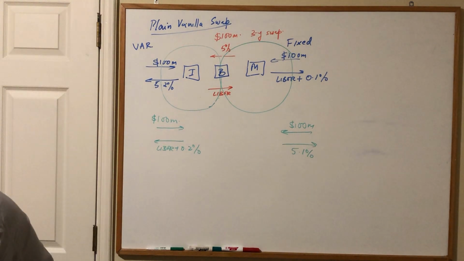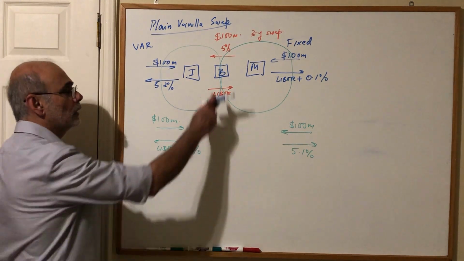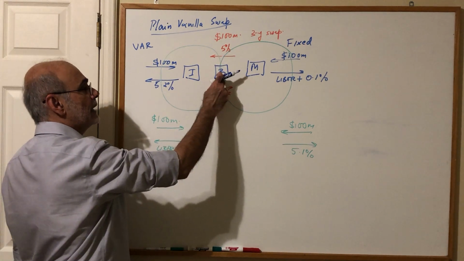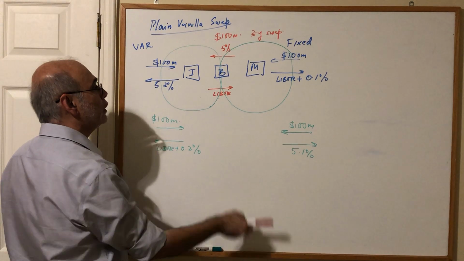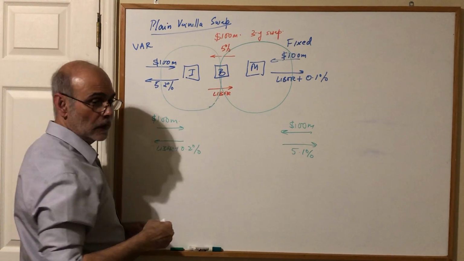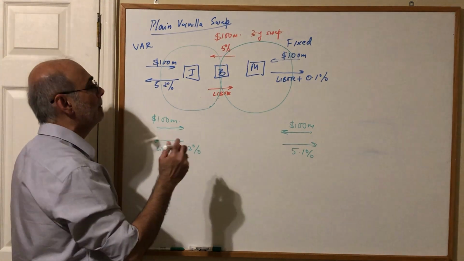So let's assume that the banker wants 3 basis points of all cash flows going through. So what that means is, we're going to assume that both Intel and Microsoft are going to give up 1.5 basis points of the cash flows to the banker.